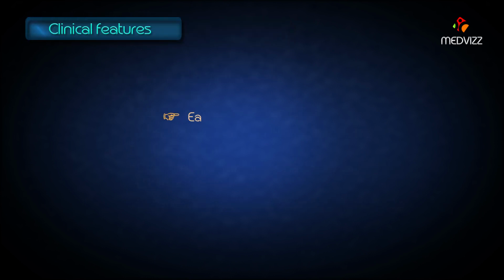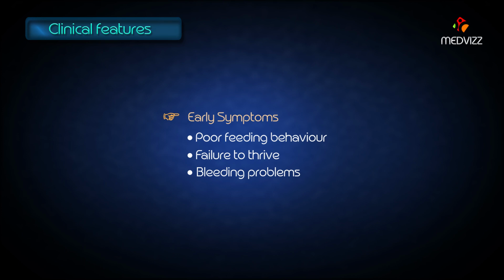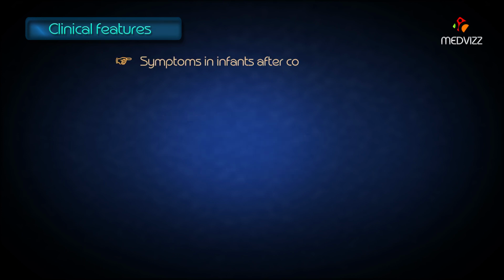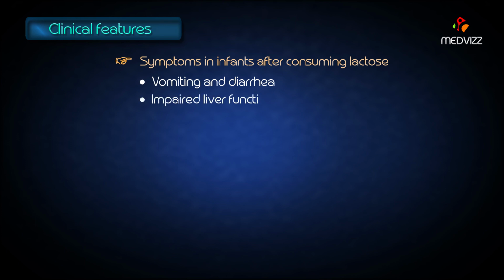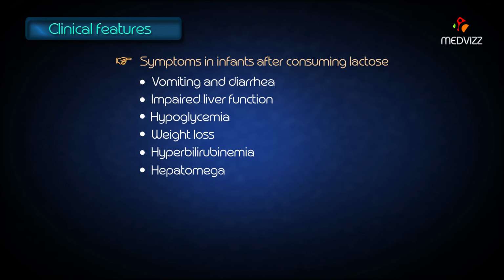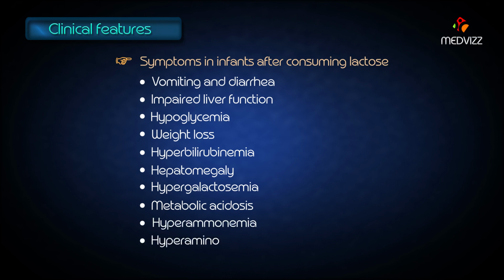And what are the clinical features we can see over here? Poor feeding behavior, failure to thrive, bleeding problems, and the symptoms in infants after consuming lactose or galactose include the following: vomiting and diarrhea following ingestion of lactose, impaired liver function, hypoglycemia, weight loss, hyperbilirubinemia, hepatomegaly, hypergalactosemia, metabolic acidosis, hyperammonemia and hyperaminoaciduria.